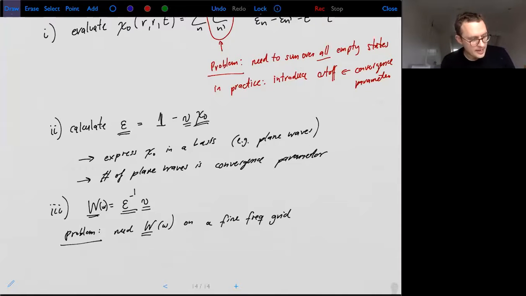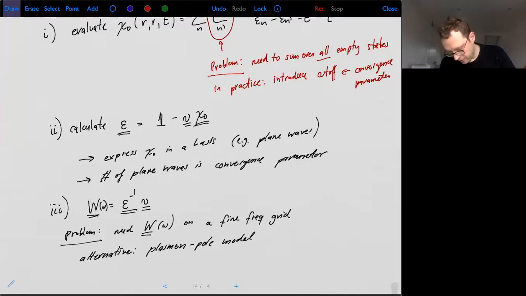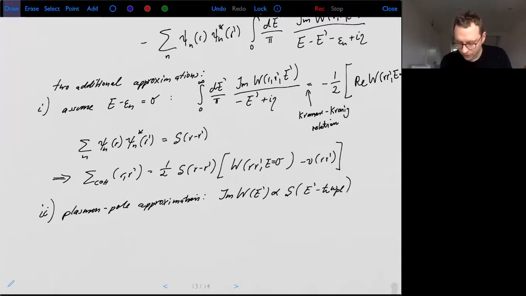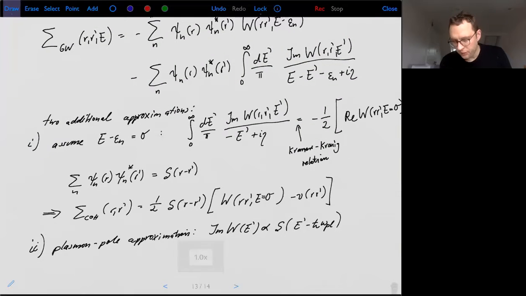As I said, there are alternatives, and that is to do a plasmon pole model. Basically to assume that the imaginary part of the screened interaction, which is needed for this integral up here, is a delta function.